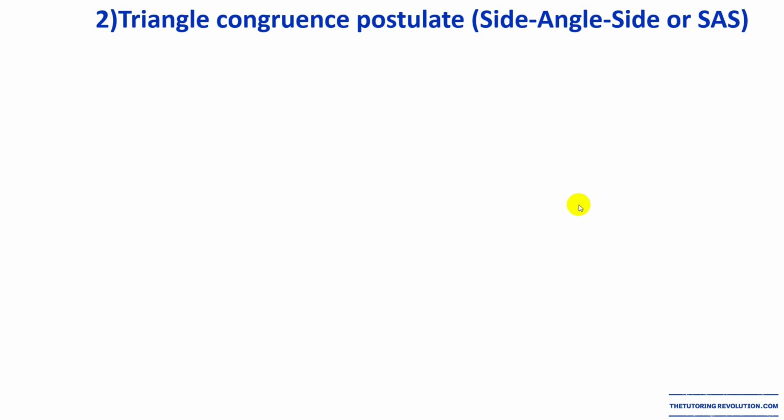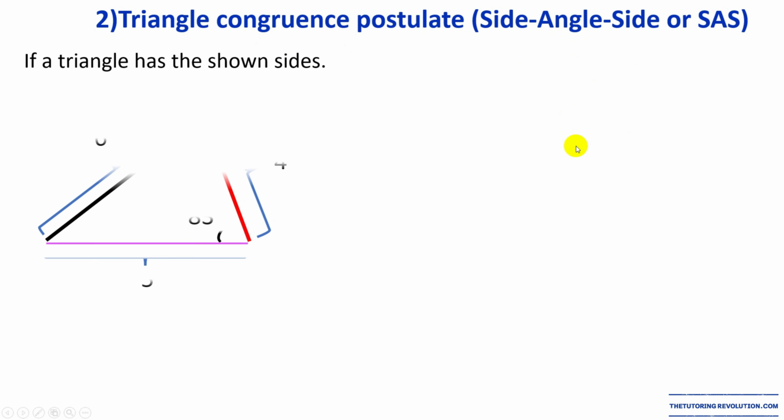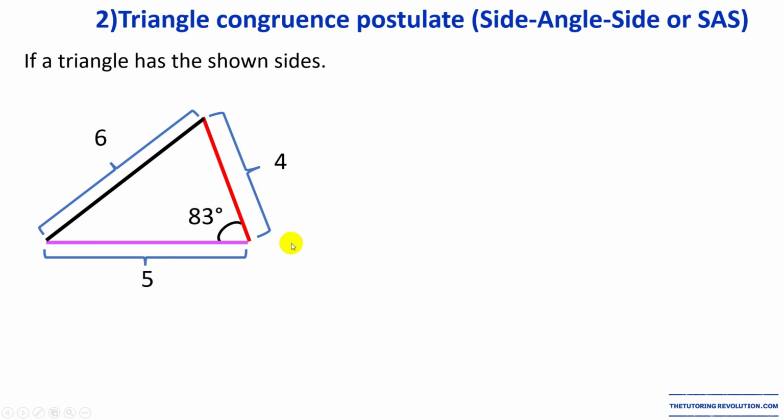Okay, so now we're going to try to challenge this postulate to see if it's always correct. For that, we're going to create a triangle with sides 4, 5, and 6, and the angle in between this side 4 and this side 5 is going to be 83 degrees.